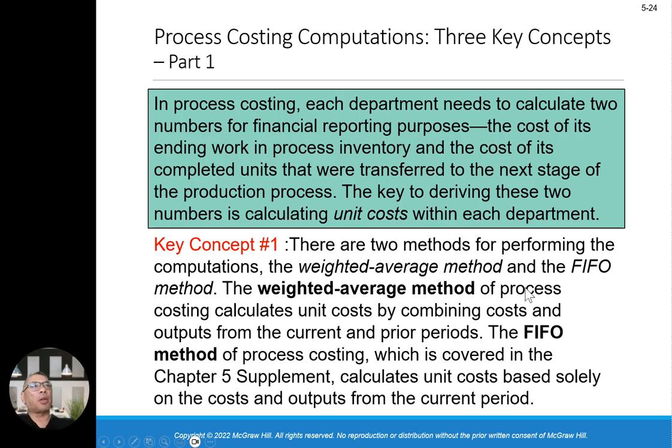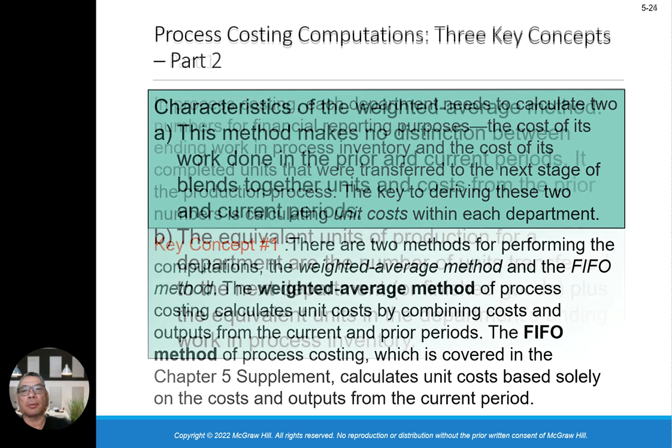The weighted average method is a process costing method that calculates unit cost by combining cost and output from the current and prior periods. Okay, current and prior periods. The FIFO method, again, I mentioned to you in the previous video, FIFO is a milk system, which covered chapter 5.7, calculates the unit cost based solely on the cost and output of the current period.